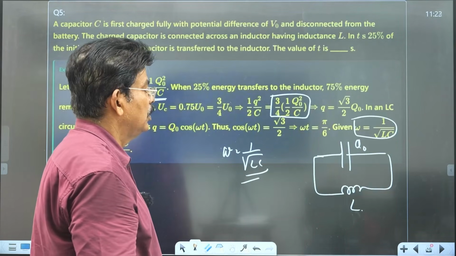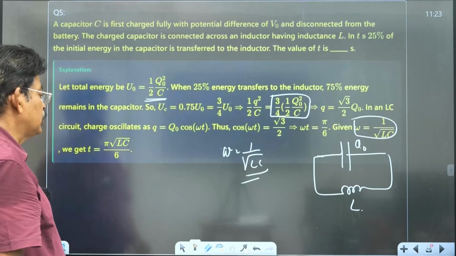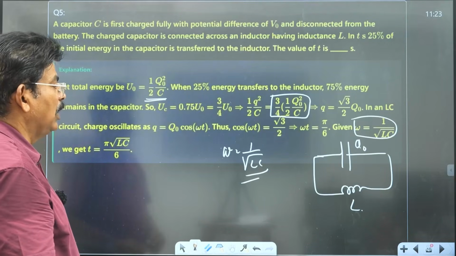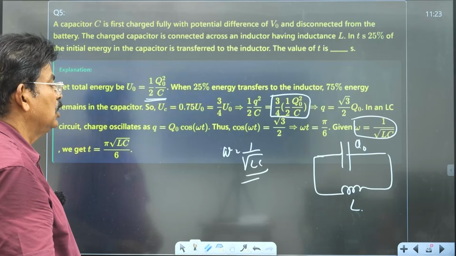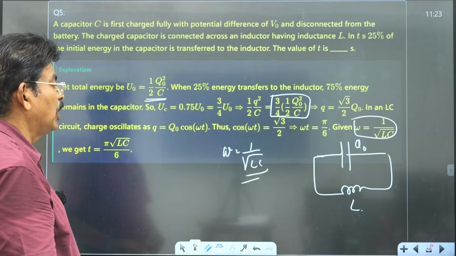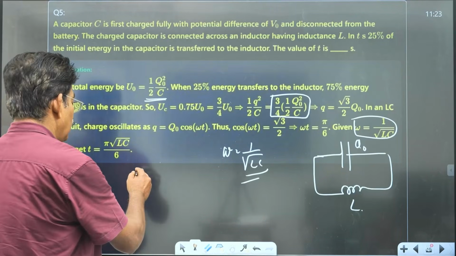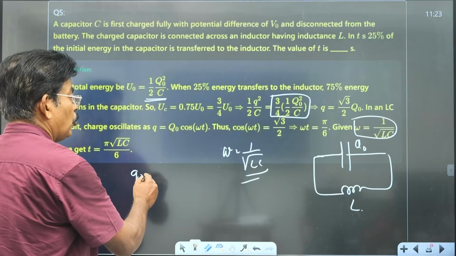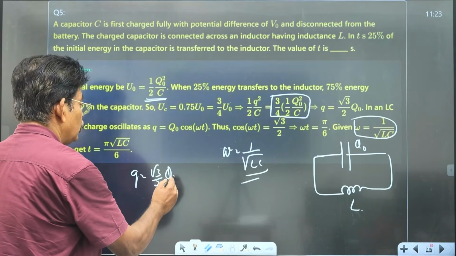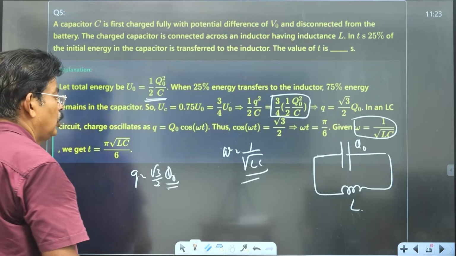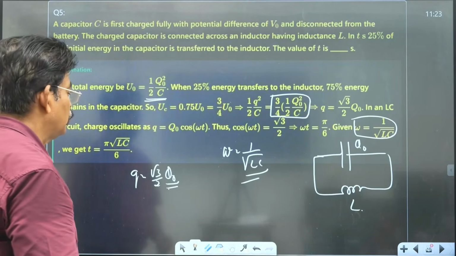Tell me what happened to the charge. Energy has become 3/4, so the charge has become root 3 by 2 Q0.